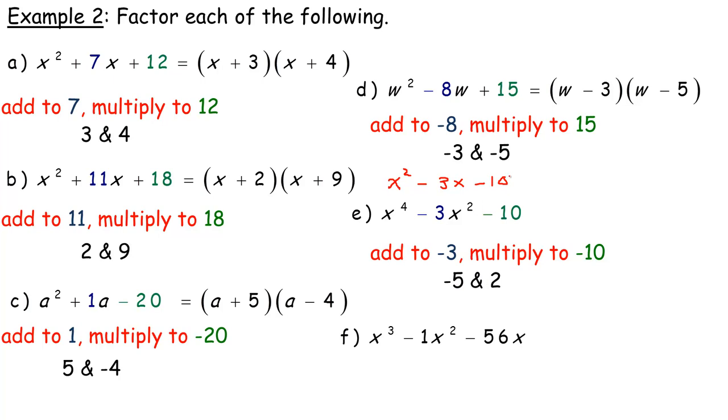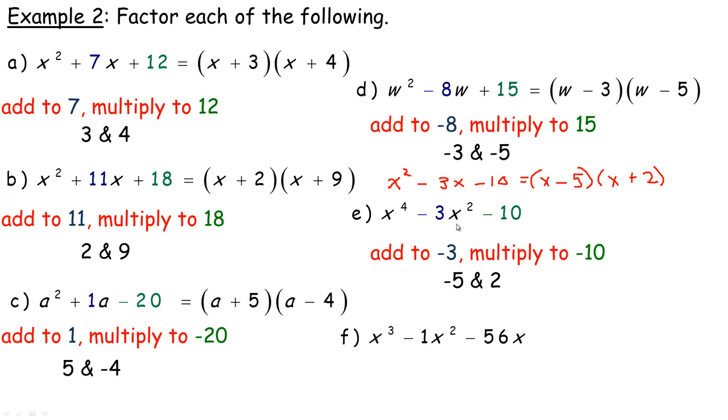They add to -3 and multiply to -10. So then this would factor into x minus 5 and x plus 2. And remember, I said we can always check the factoring by multiplying. X times x gives you the x squared. That -5x, this positive 2x adds to -3x, and -5 times 2 is -10.